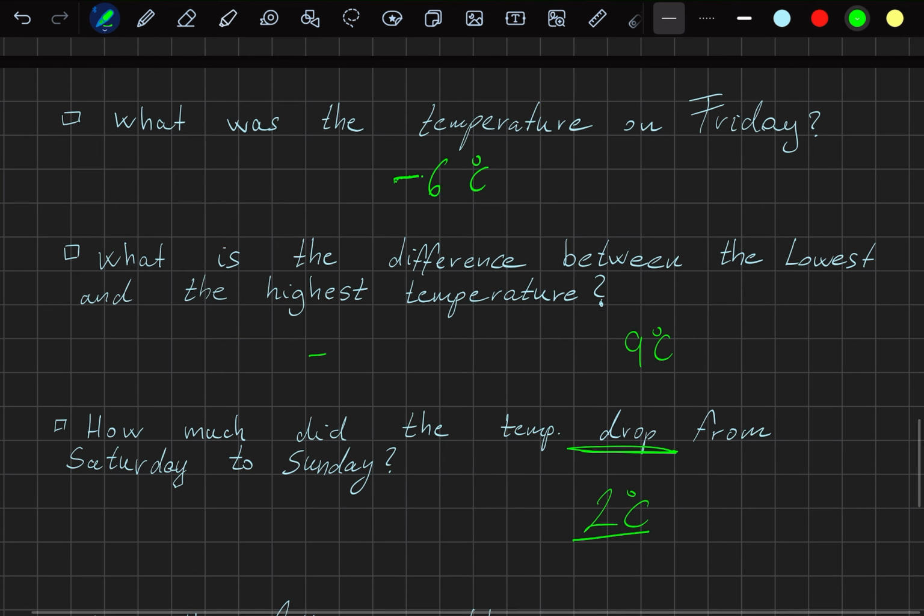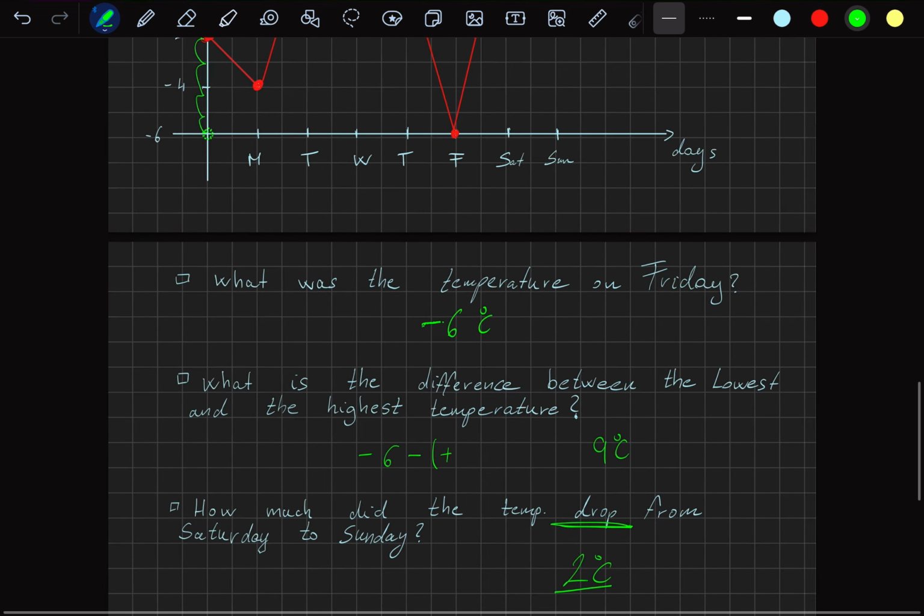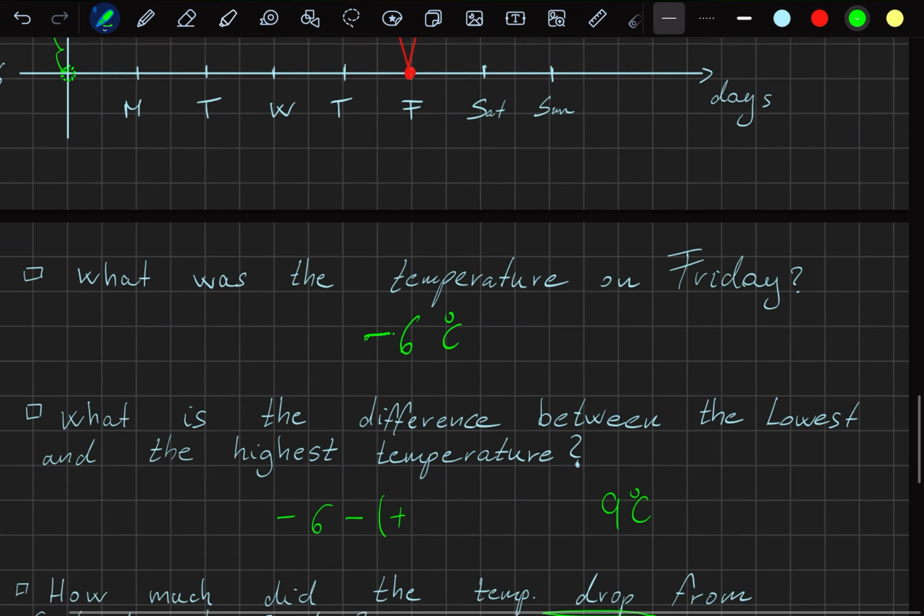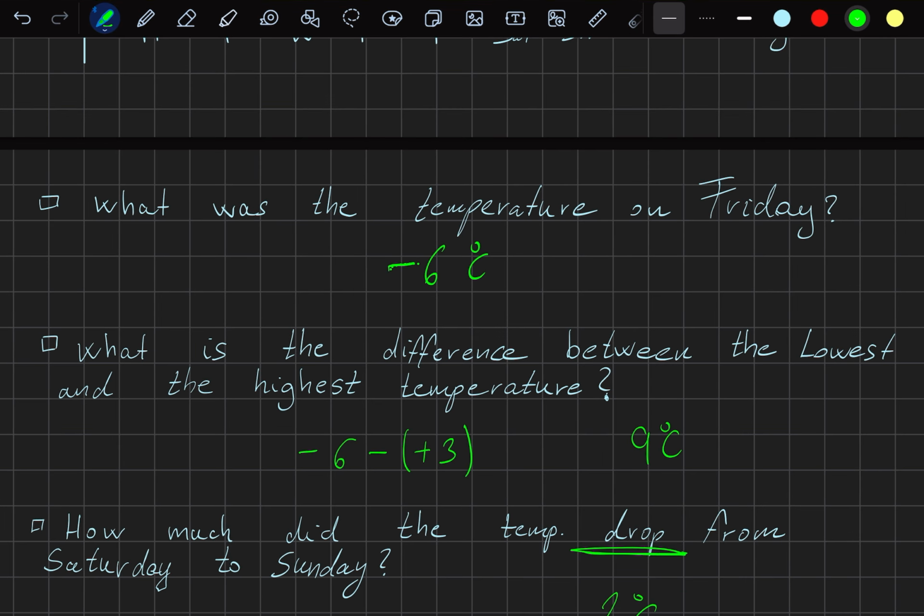The difference between the lowest -6 and the highest temperature +3. If you just write down what they ask, -6 take away +3, it will be -9. It's also correct.